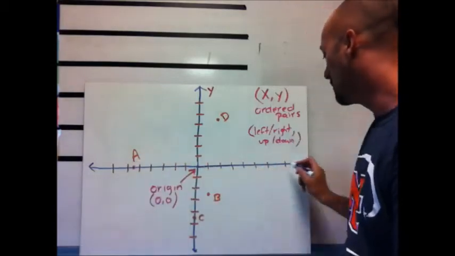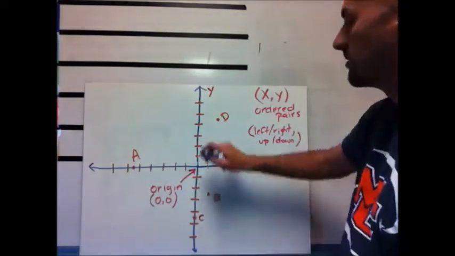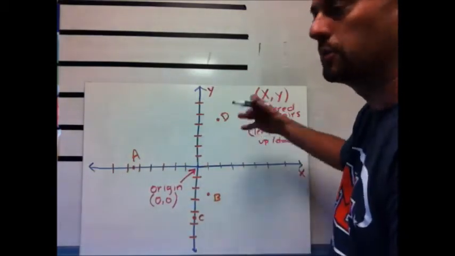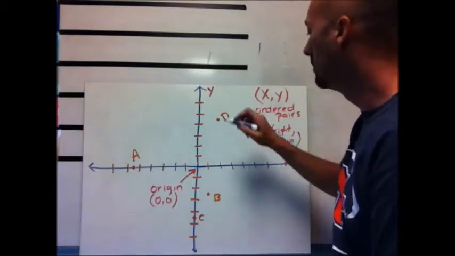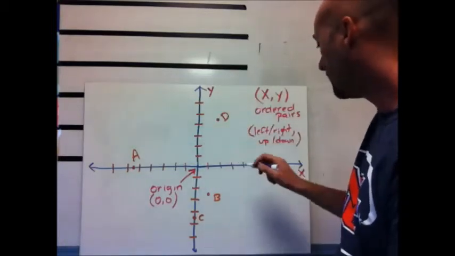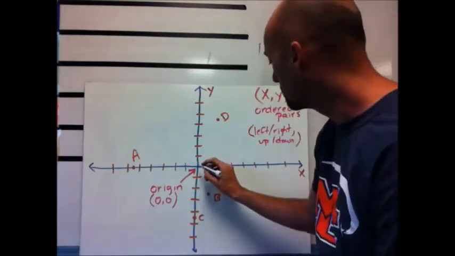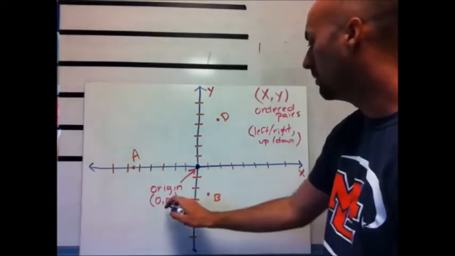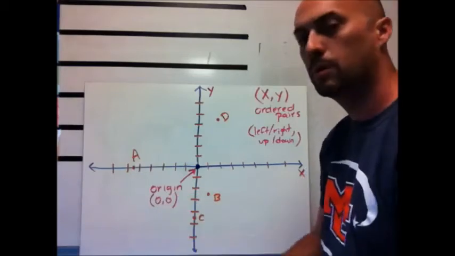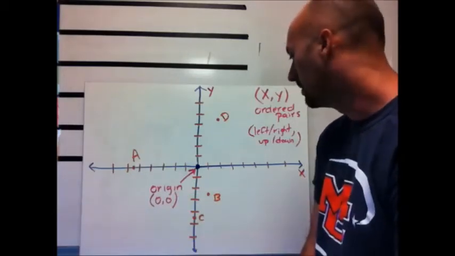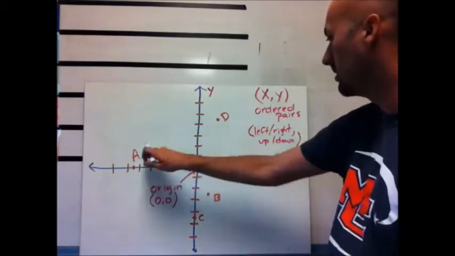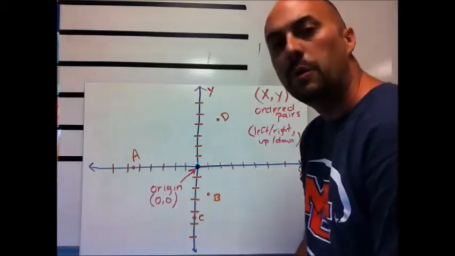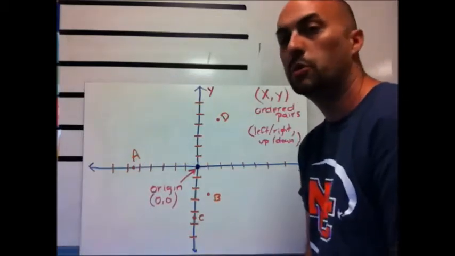So our x is always left-right, and our y is always up-down. Okay, so keep that in mind. X first, y second. And then here is our origin, meaning that center point there. The origin is always at 0, 0.